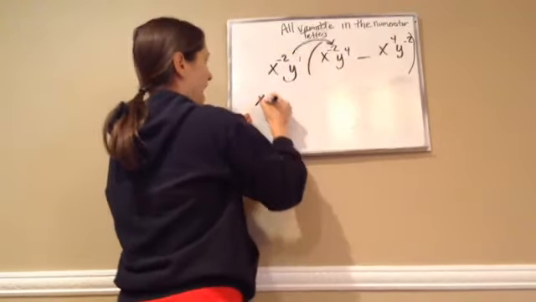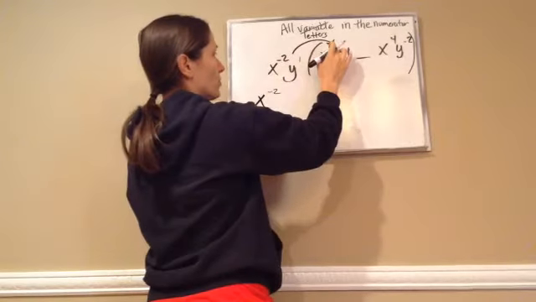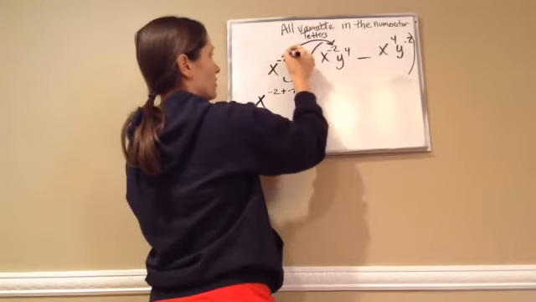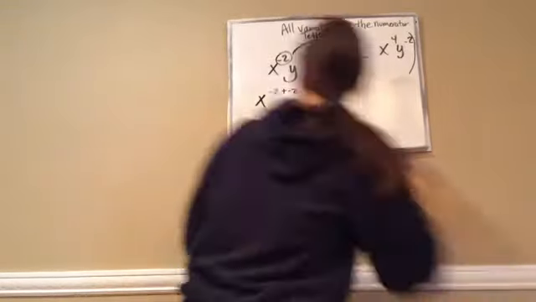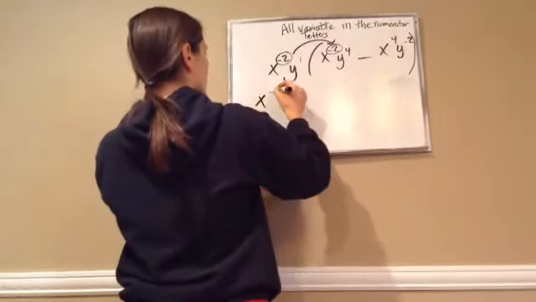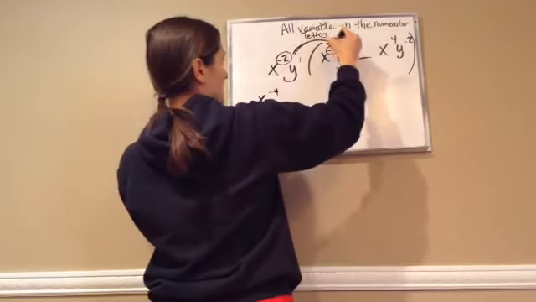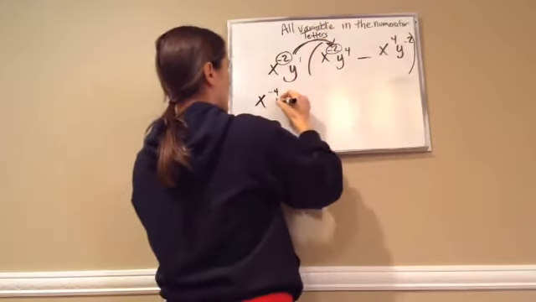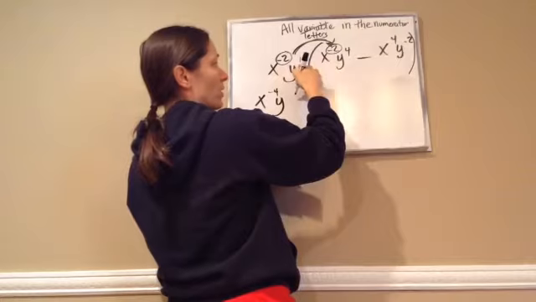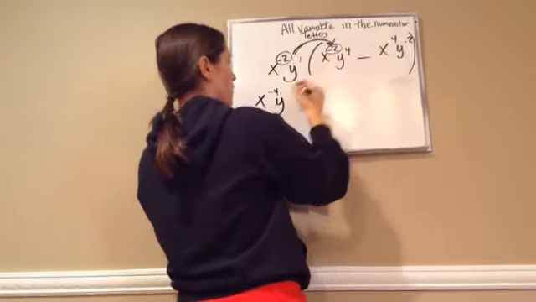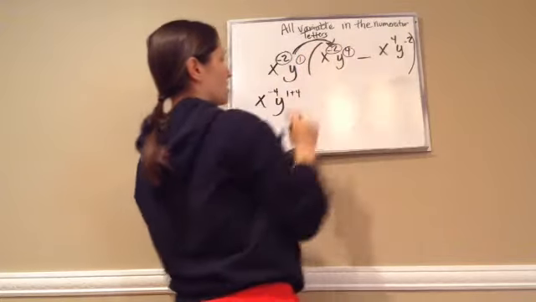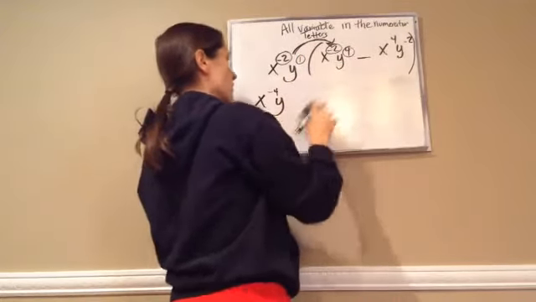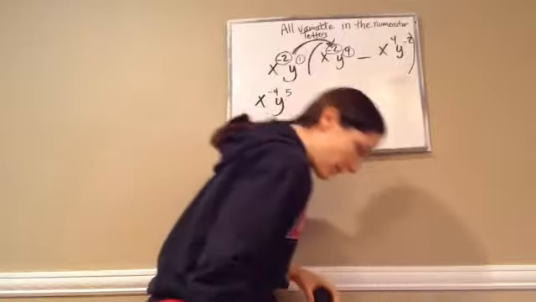So this x, I've got -2 plus a -2, which becomes -4. So when I multiply this times this, that's what happened. And now let's do the y. Y to the first power times y to the fourth. So it's 1 plus 4. So y to the fifth. You staying with me? Yep.